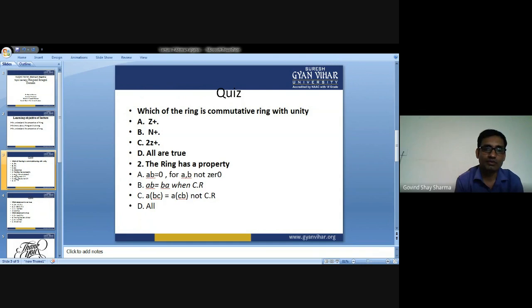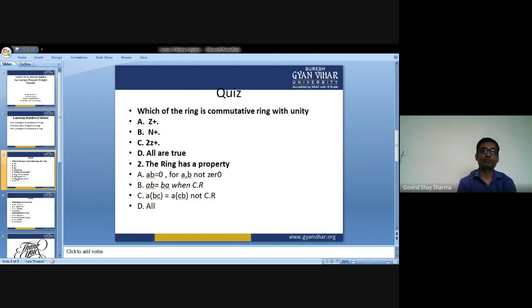One by one: I have discussed with all of you many times that (N, +, ·) is not a group, not an abelian group, so it is not possible that it is a ring. So that option is cancelled.